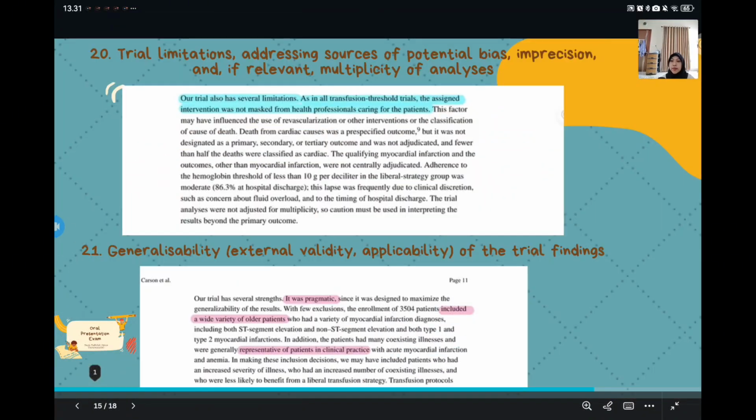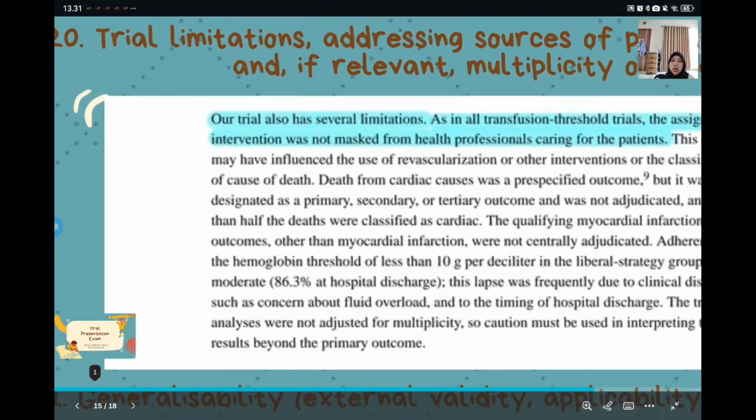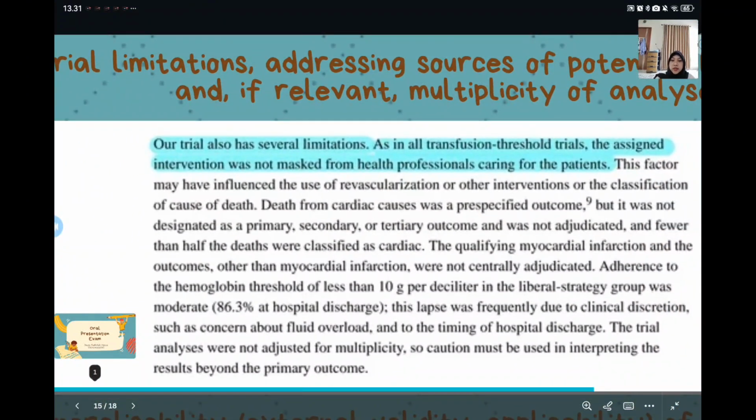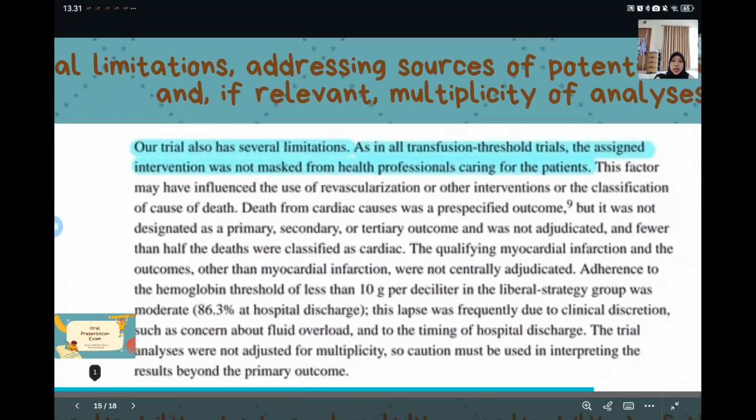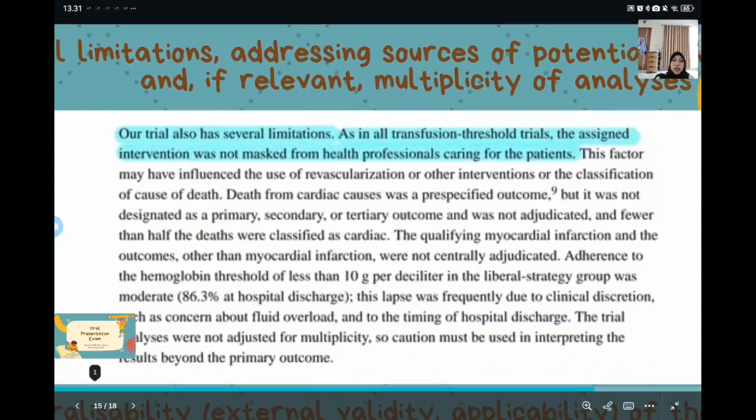Okay, next up is trial limitations, addressing sources of potential bias, imprecision, and if relevant, multiplicity of analyses. It mentioned in here, our trial also has several limitations, as in all transfusion threshold trials.